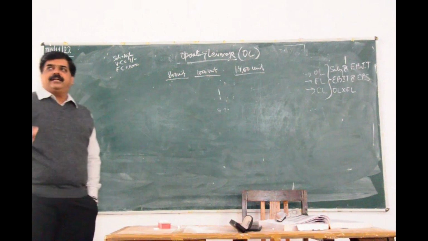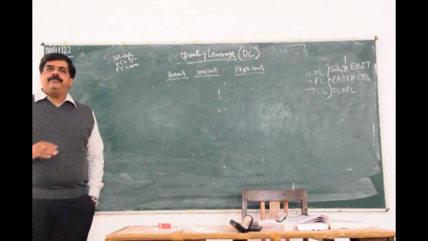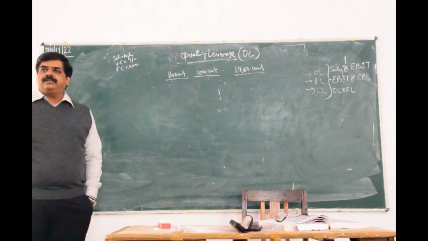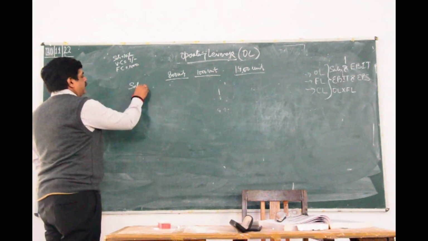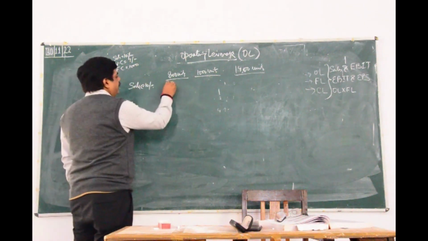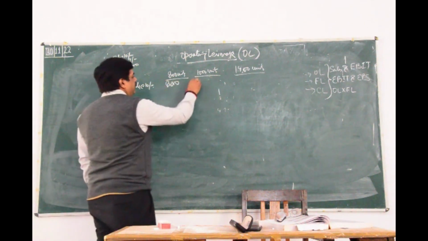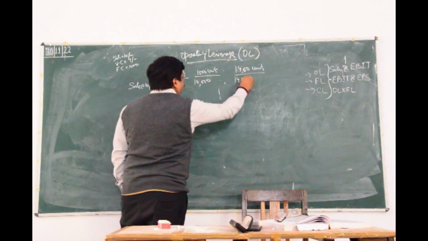I am just trying to clear your doubts: when the sale is increasing, what is happening to EBIT, and when the sale is going to decrease, the fixed cost remains constant, what will happen? Sale at the rate of 10 rupees will be 8,000, 10,000 and 14,000.